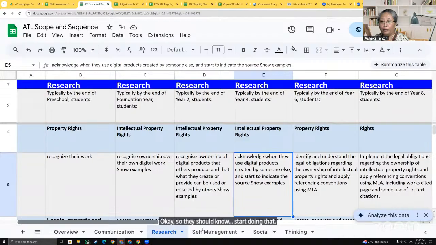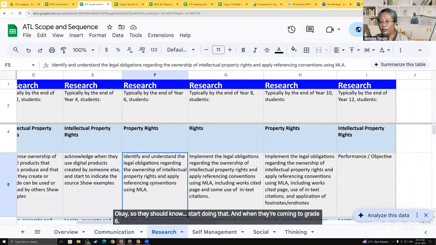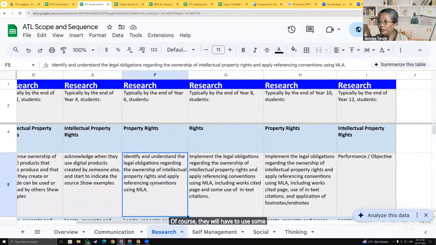When they are coming to grade 6, of course they will have to use some referencing conventions, because in grade 6 science, criteria D, strand 4, students should be able to write their sources according to a particular format. That is the criteria, the assessment strand that we are going to assess.